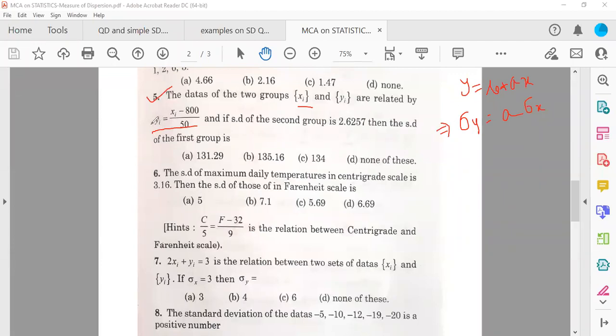Now here the equation is y is equal to x this. So you can write y equal to x by 50 minus 80 by 50.